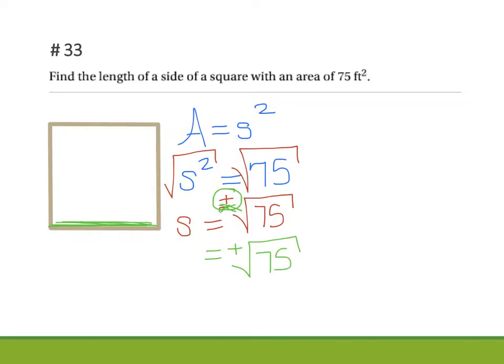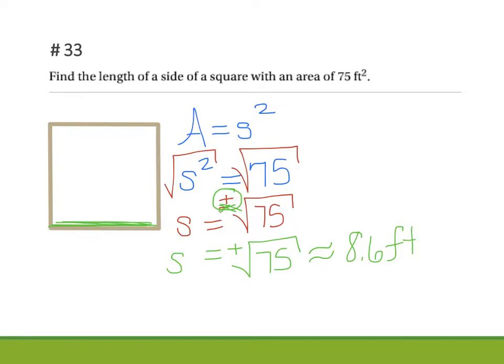Now, I could leave my answer as positive square root 75, or I can take a decimal approximation of the square root of 75. And the square root of 75 is approximately 8.6. Since my dimensions are in feet, I'll label the unit as feet, 8.6 feet.